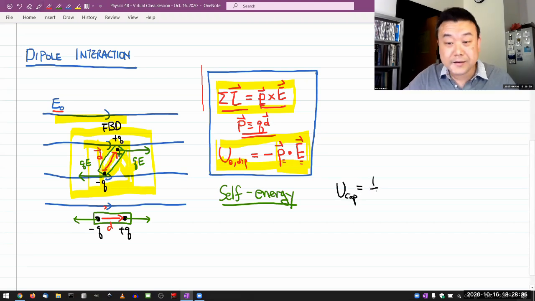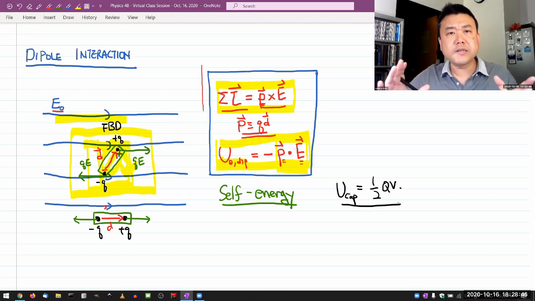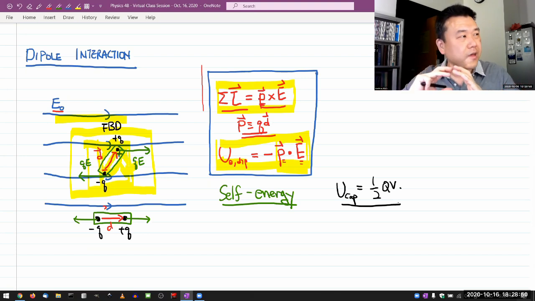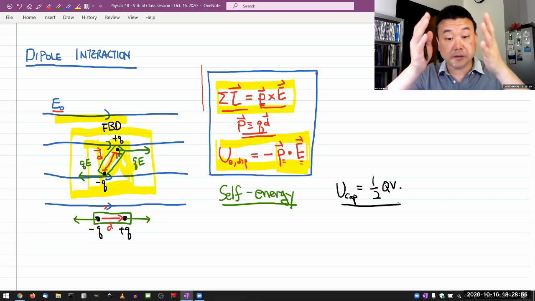The formula for that is 1/2 QV, and this is an example of self energy. By self energy, all we mean is energy that is stored in the distribution of charge itself.